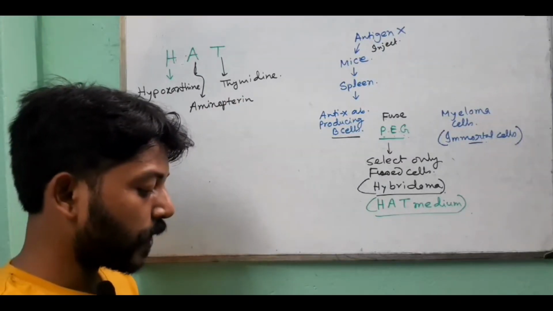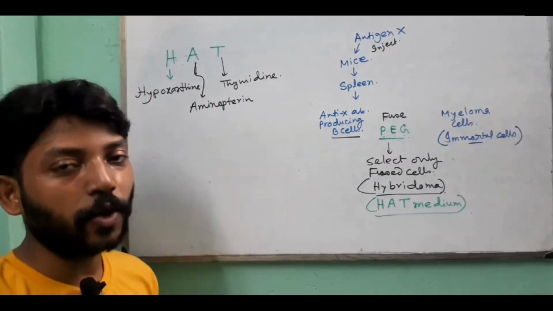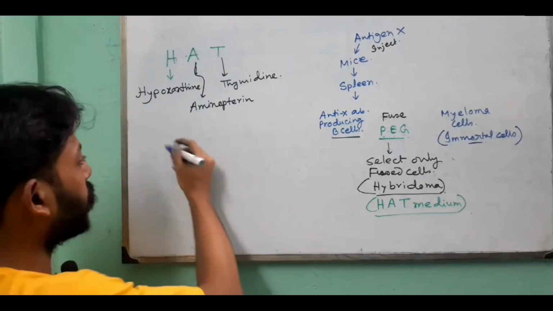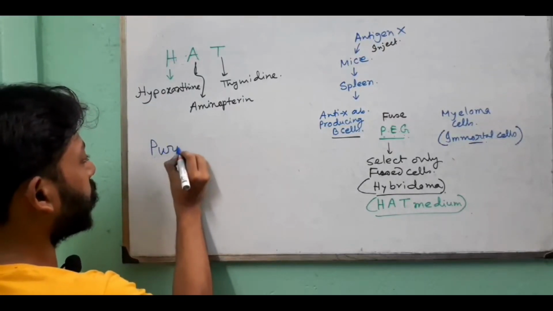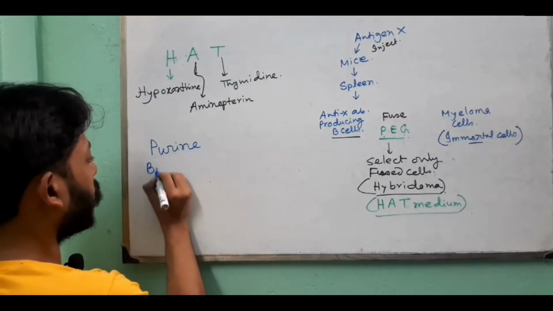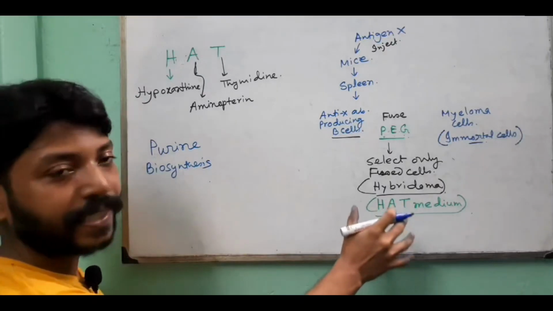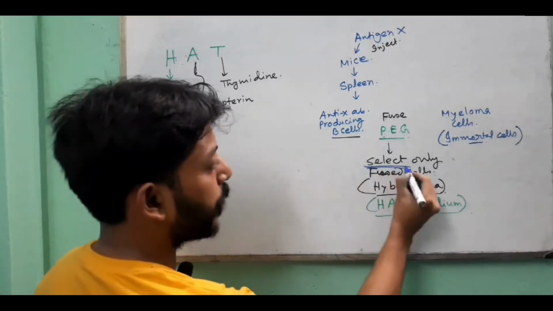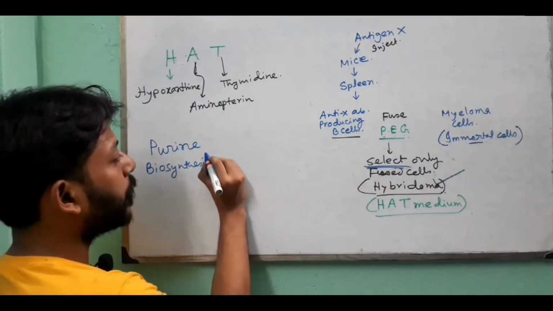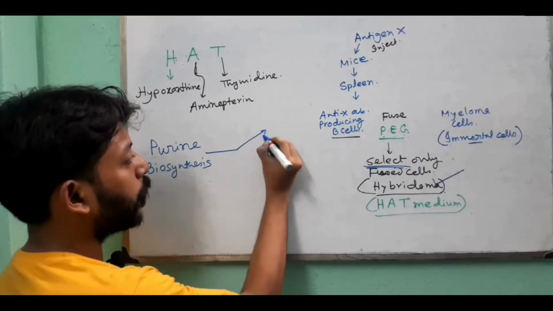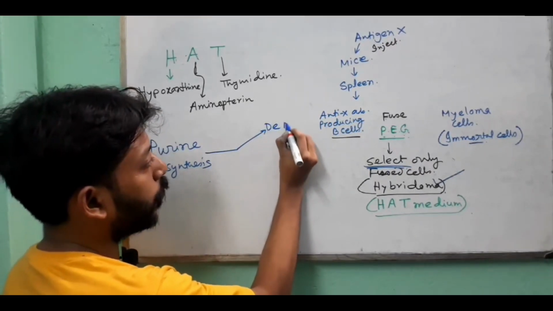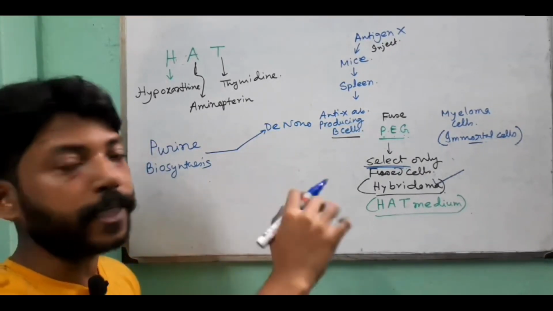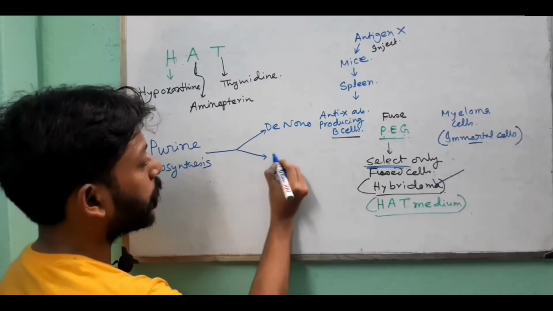Actually, scientists have taken advantage of purine biosynthesis. So I am talking about the selection method. This selection is very important. Purine biosynthesis can be performed in two ways. One is called de novo, which means from the beginning, and another is called salvage.